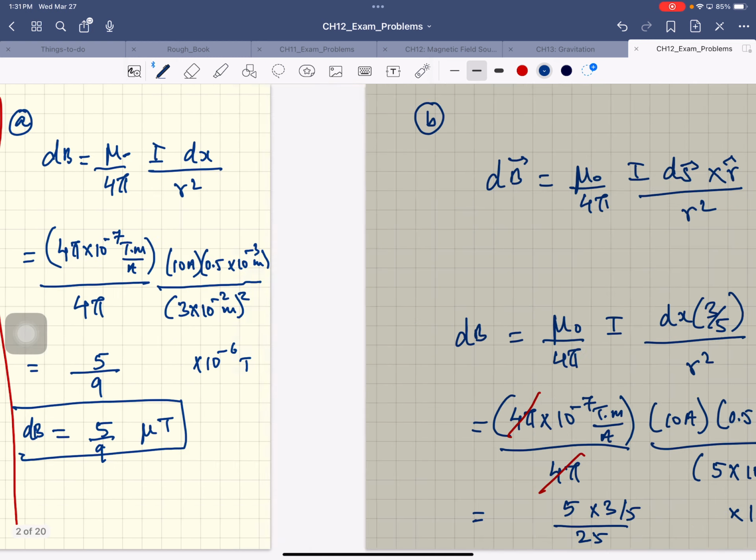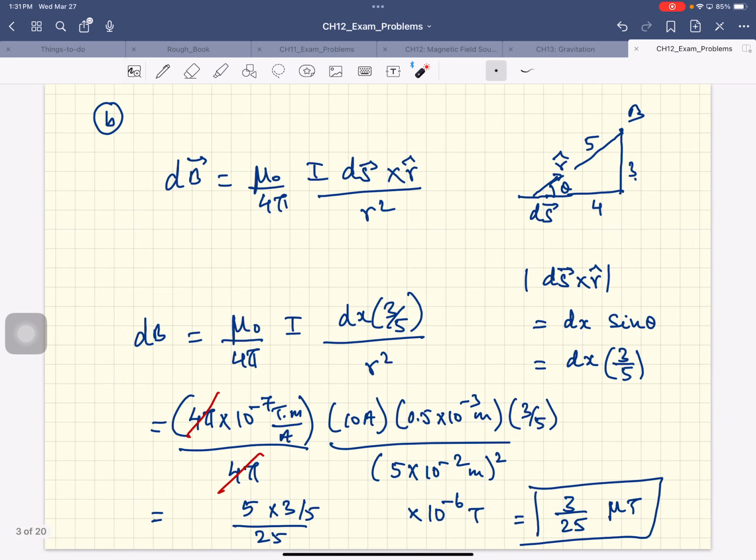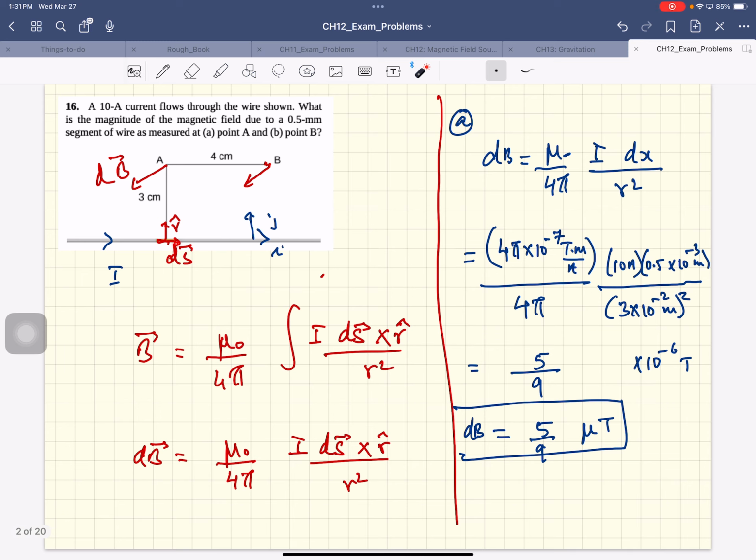The field over here was 5/9, so this is a little more than half. This is much smaller at that point, so at this distance the strength has decreased.